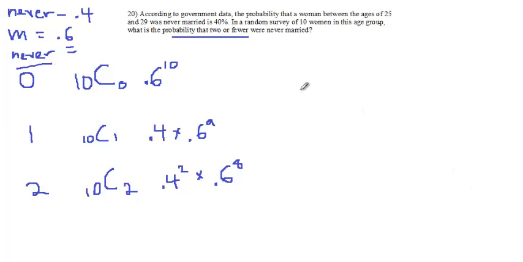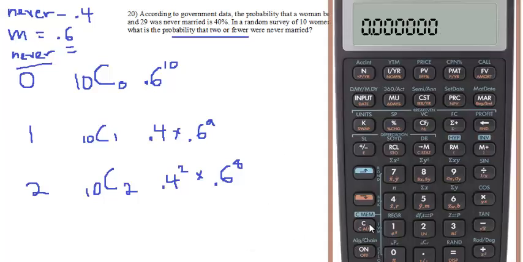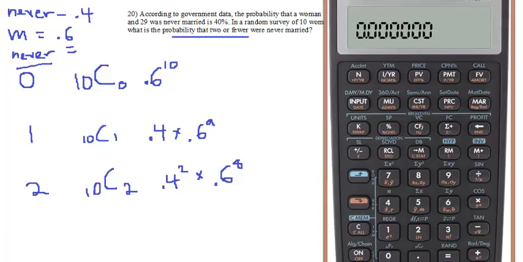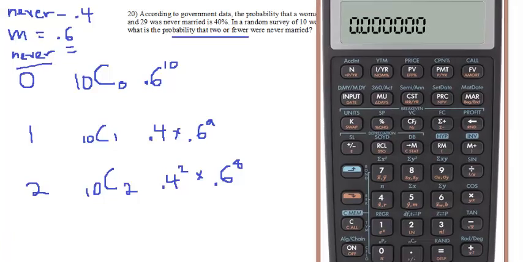So for the first one, let's use a calculator. Now, for the first one, 10C0 is nothing. We're just going to leave that. You don't have to do any functions because you're not multiplying anything. So we'll do 0.6 to the 10th power.